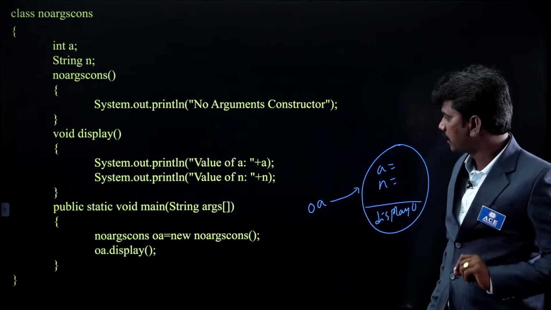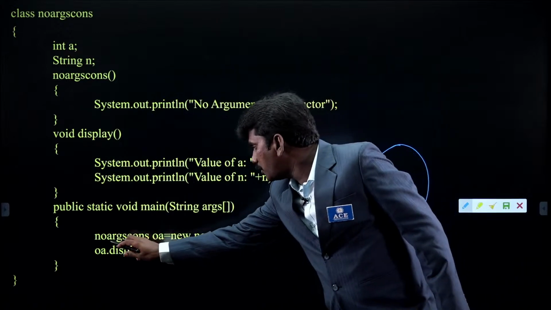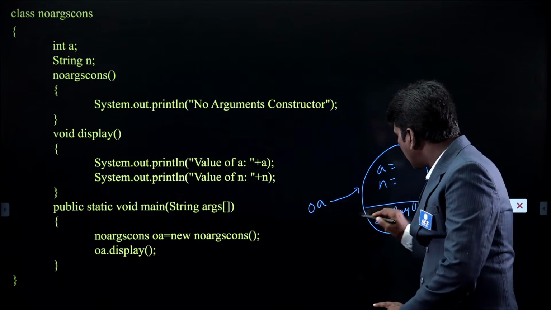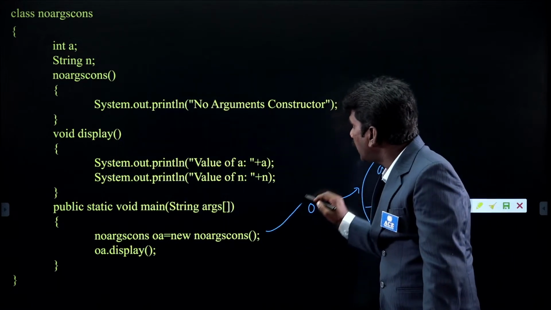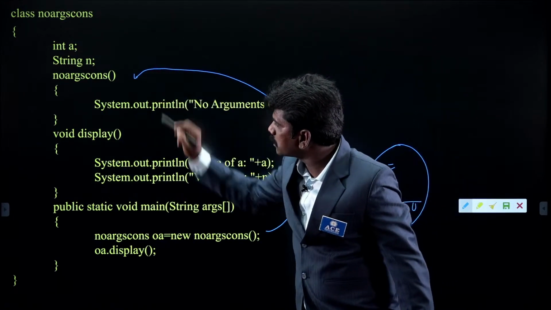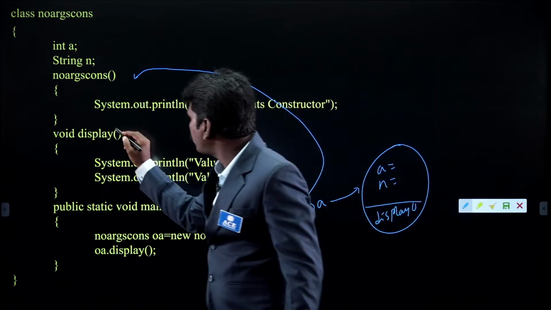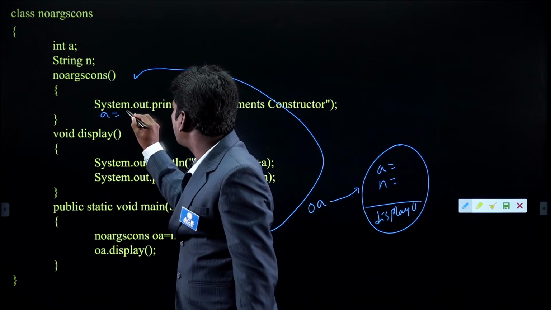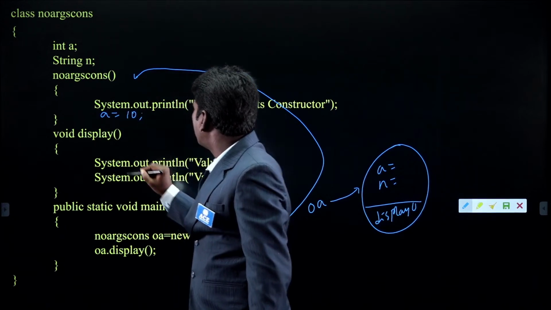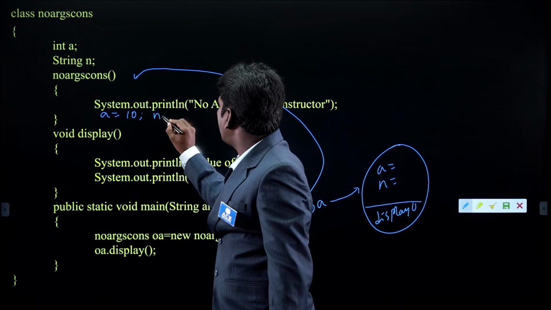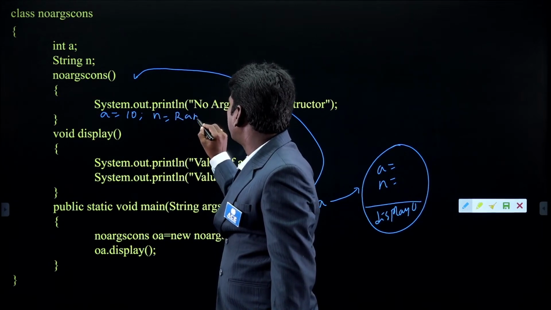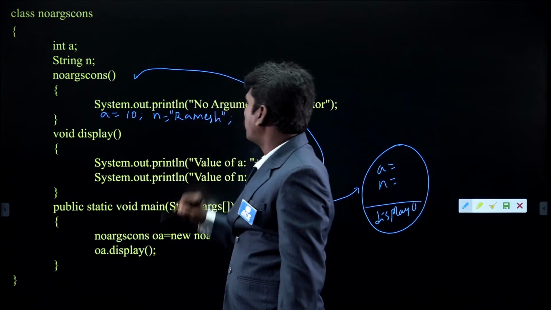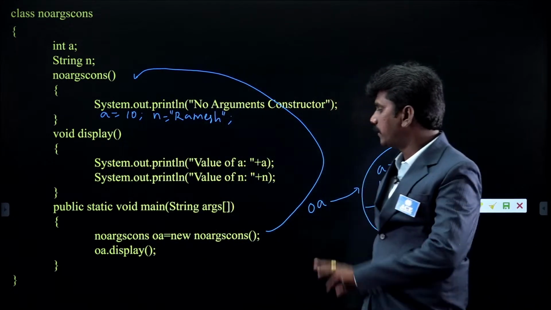While creating the object itself, the execution of the constructor starts. Here we have taken A is equal to 10 and N is equal to Ramesh.